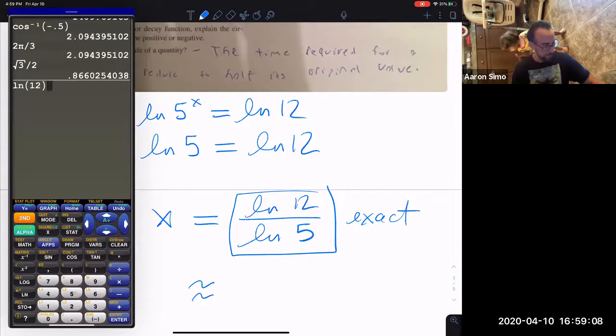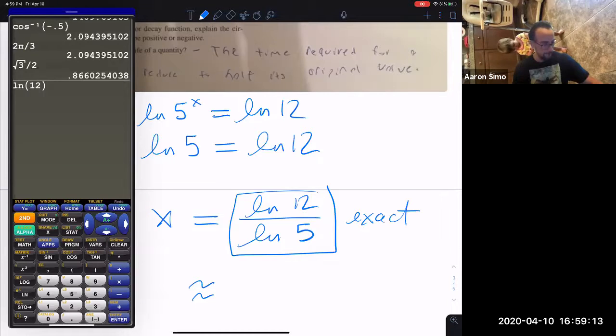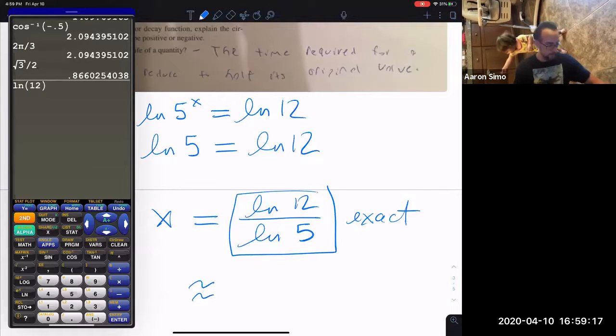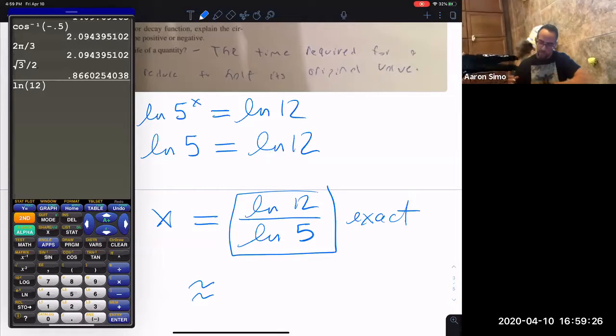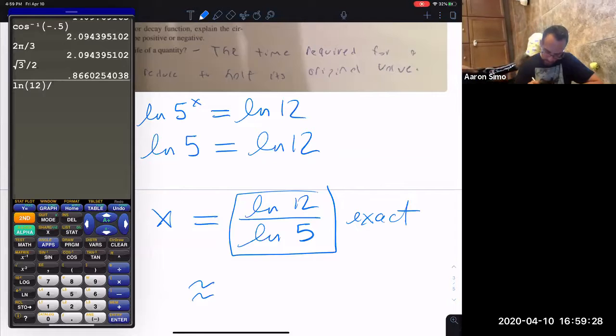ln of 12 divided by ln 5. That will be approximately... we usually round to 4 places in this class. Okay, 4. And what's your answer?